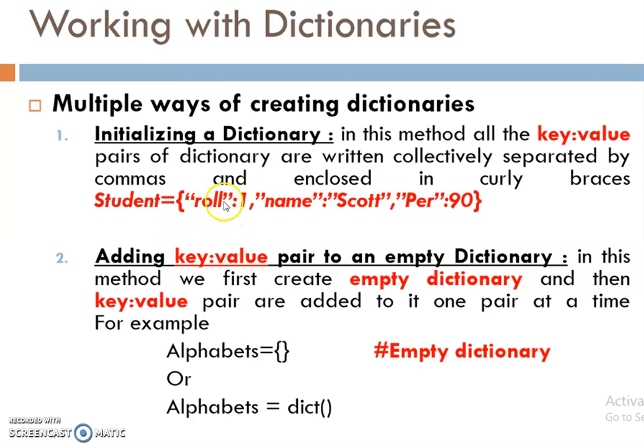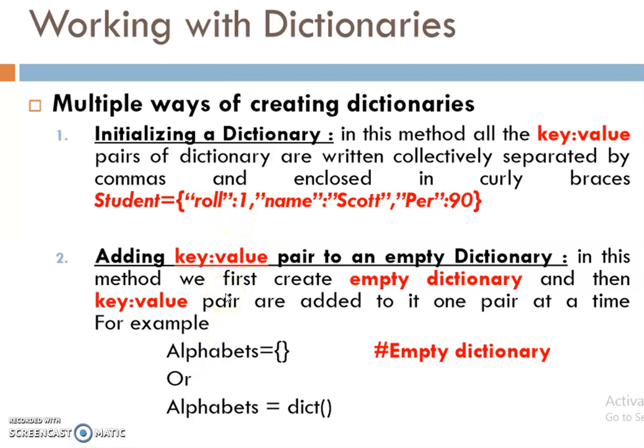Here, student is equal to roll. See, here the keys are strings, that's why we are giving them in double quotes. Otherwise, when we give 1, 2, 3 as key names, there is no need for double quotes. Then all the pairs are separated by commas, and between each key and value you have to put a colon.